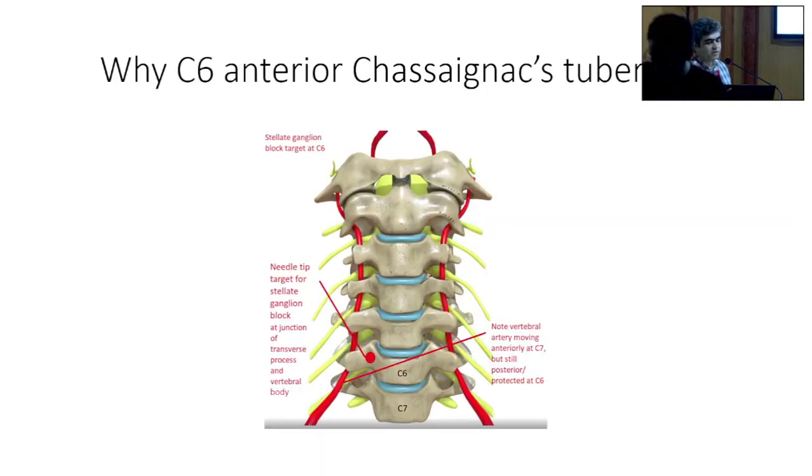So as we have discussed, the ganglion lies in front of C7 and T1, but most commonly this block is performed in front of C6. So why do we need to choose C6 for the landmark?